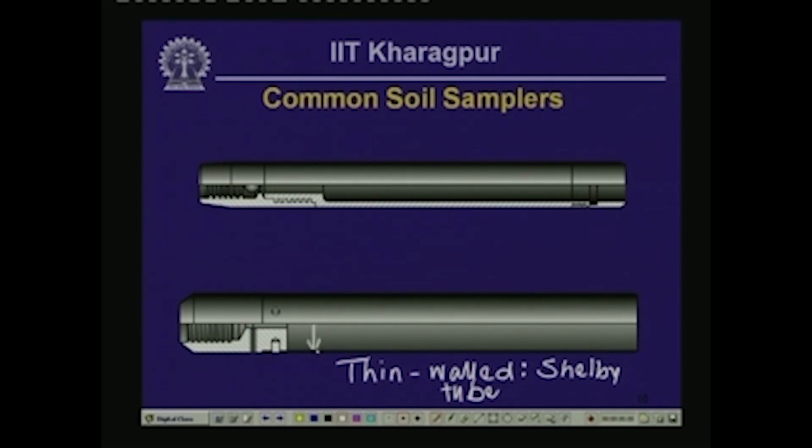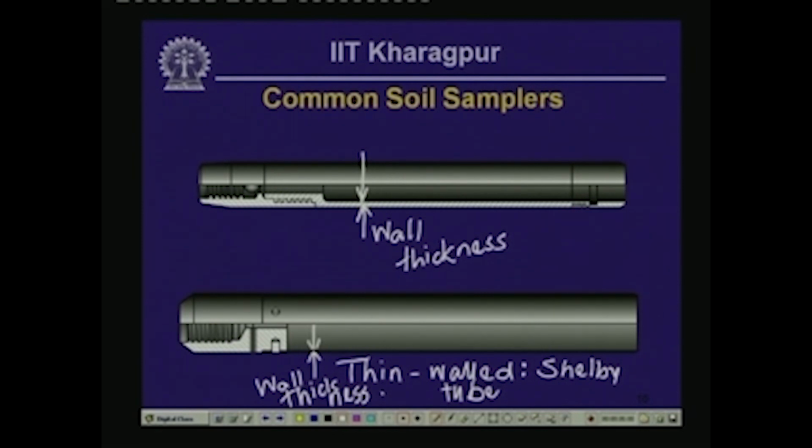So, here obviously this is your wall thickness, whereas in the thick walled sampler you can see that that was the wall thickness. So, it is obvious that the wall thickness is quite small here. Actually, both these sketches are drawn to approximately the same scale. So, you can see that relative to the diameter of the sample itself, the wall thickness is quite small.